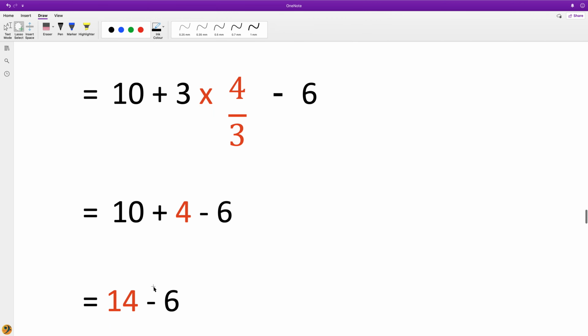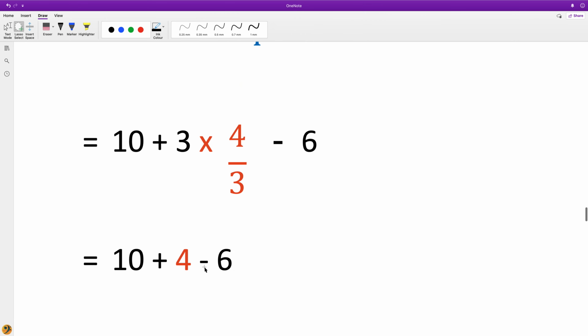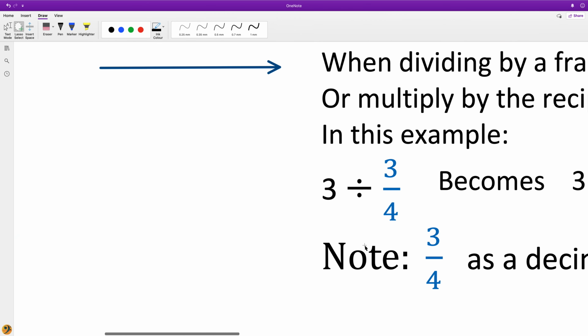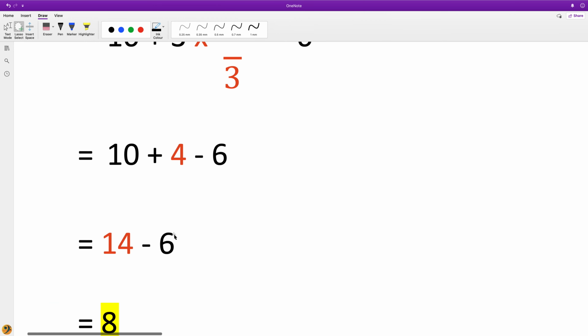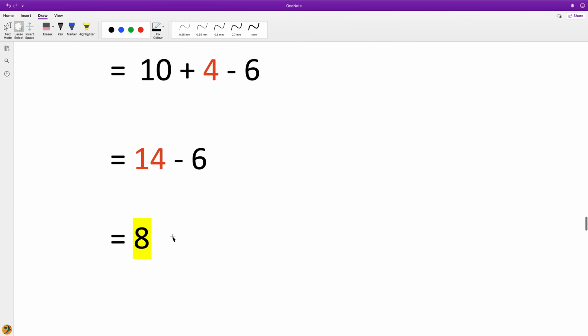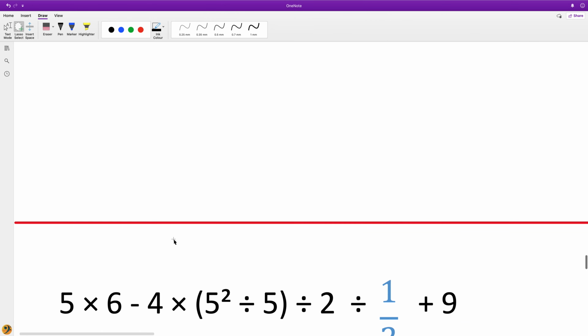So the next line of working becomes 14 minus 6. And then when you do 14 minus 6, you get the final answer of 8. And 8 was what we worked out over here when we put it into the calculator. All right, very good. Now we're moving on to even a bit more complex ones.